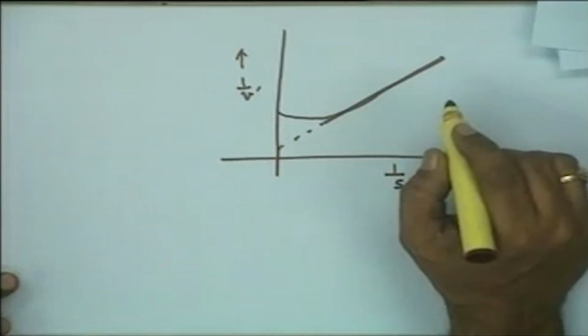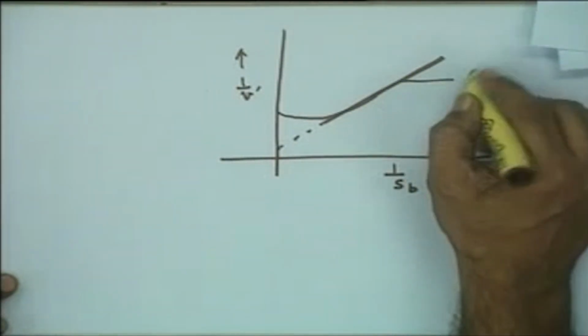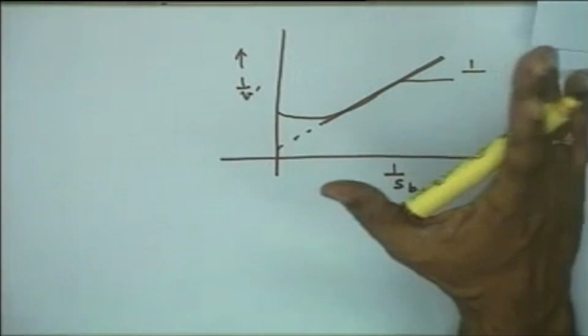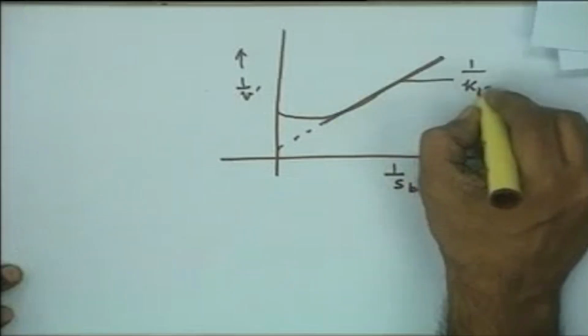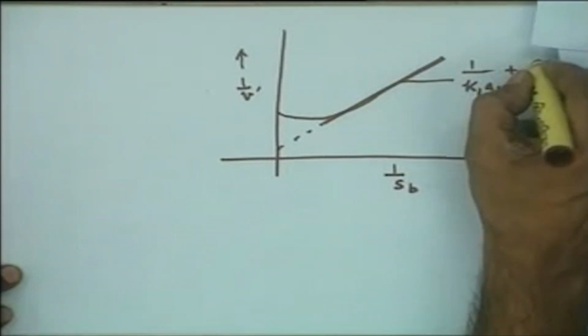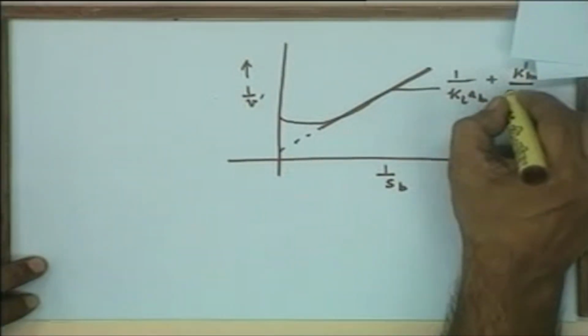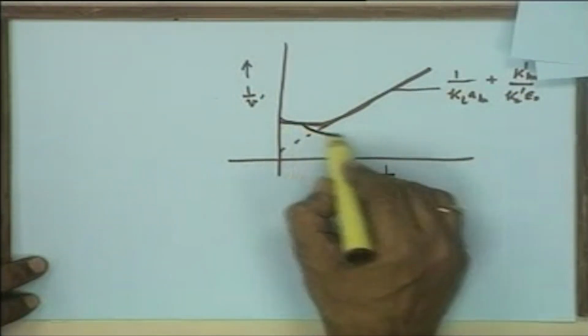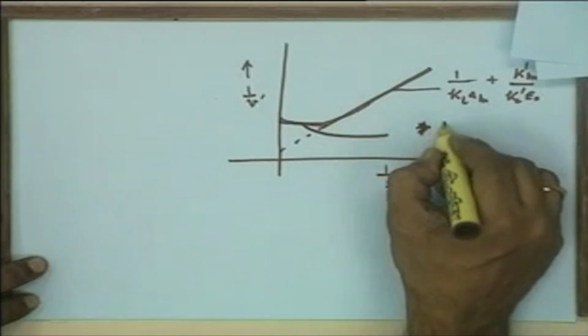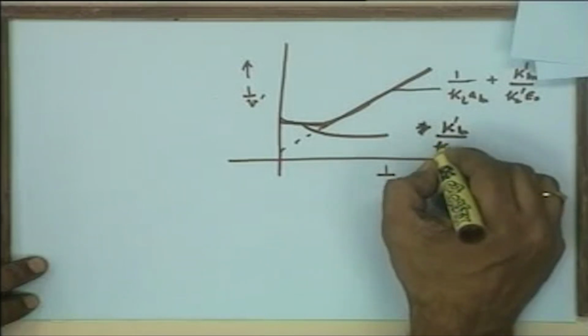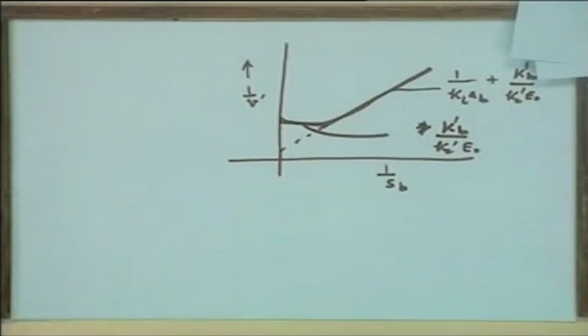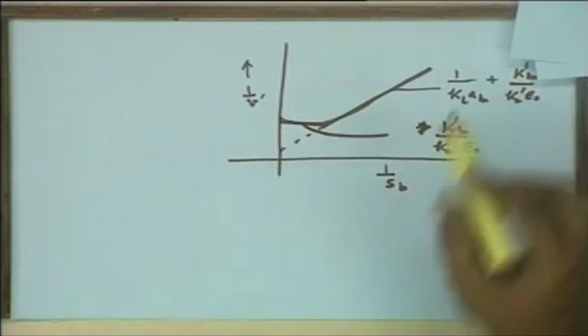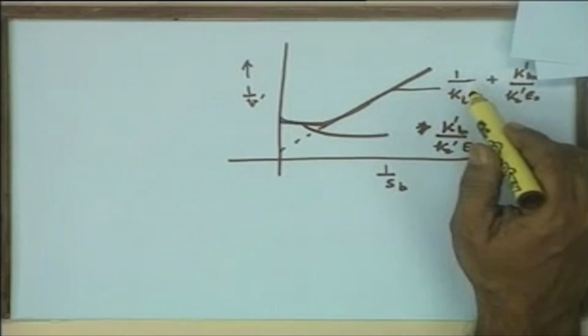Now basically the slope of this straight line, the one at lower substrate concentration, when substrate concentration is very low, will be 1 upon KLAM plus K dash m upon K2 dash E naught. On the other hand, the slope here will be K dash m upon K2 dash E naught. And by knowing the two slopes, one can calculate KLAM. The difference between the two slopes essentially is the 1 upon KLAM.